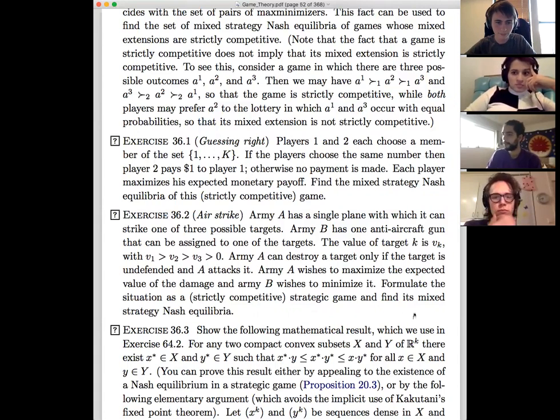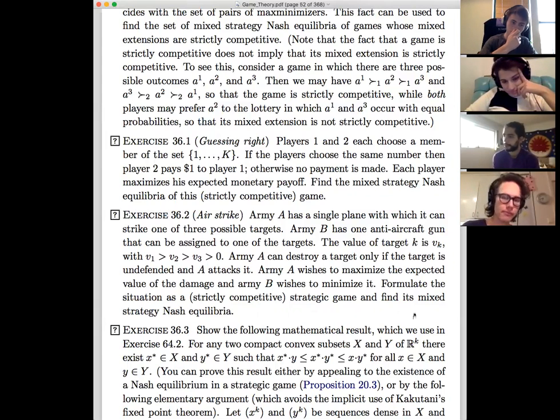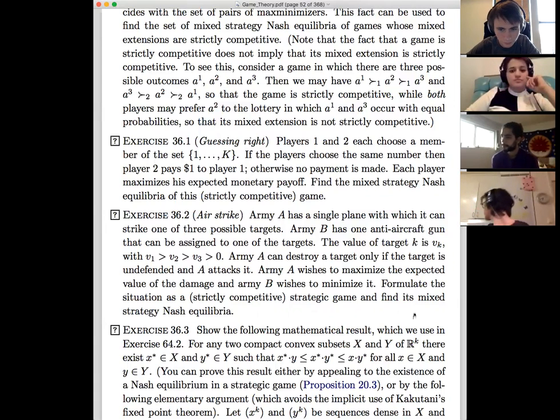Exercise 36.2 says Army A has a single plane with which it can strike one of three possible targets. Army B has one anti-aircraft gun that can be assigned to one of those targets. The value of target K is VK, with V1 greater than V2, and V2 greater than V3, and V3 greater than nothing.